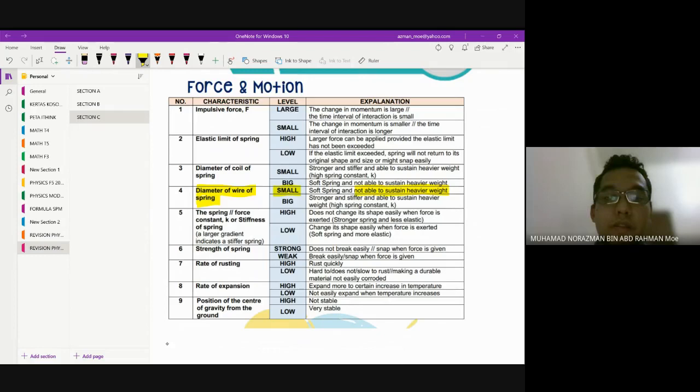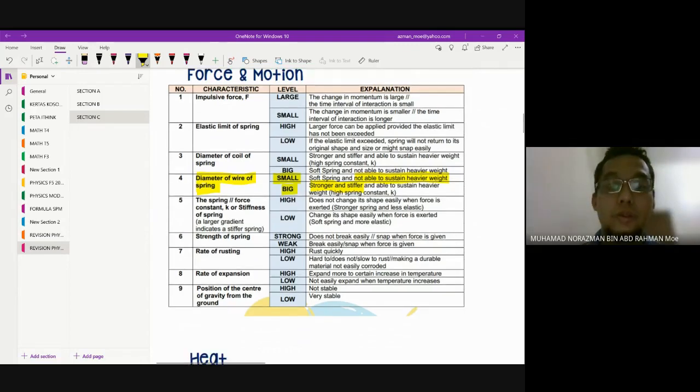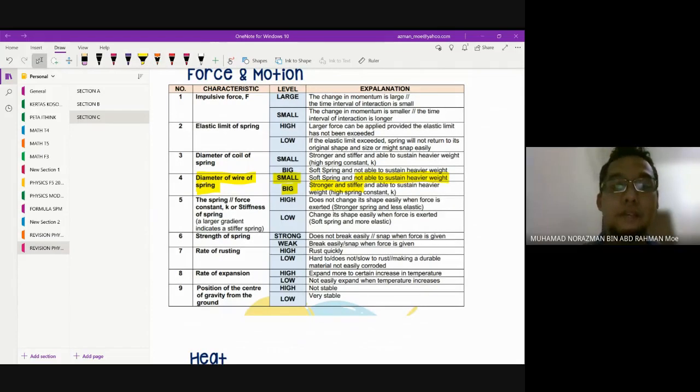Okay, if it is big, then you can say it is stronger and stiffer. Okay, spring is about elasticity. Okay, we don't learn it yet in Form 4. We will learn it in Form 5. Okay, so I just want to tell you example.